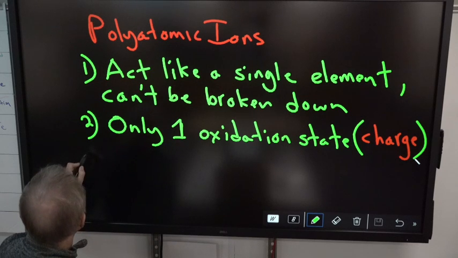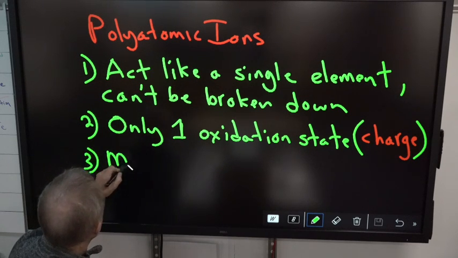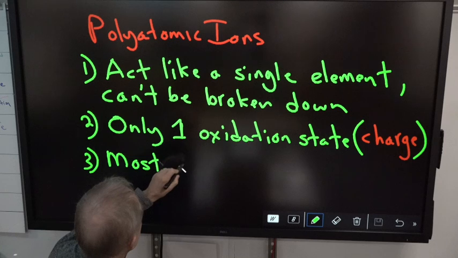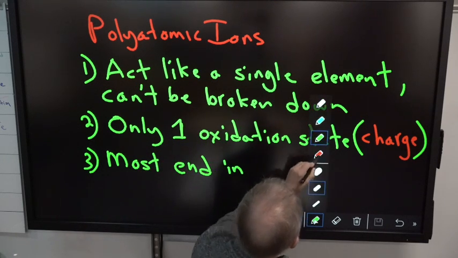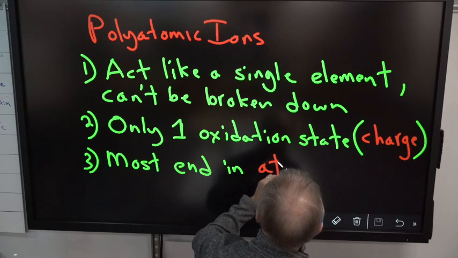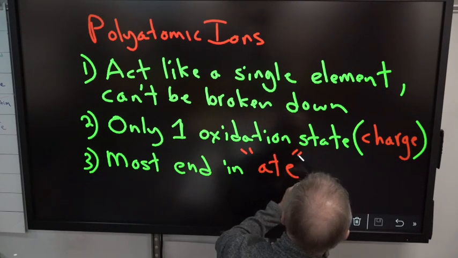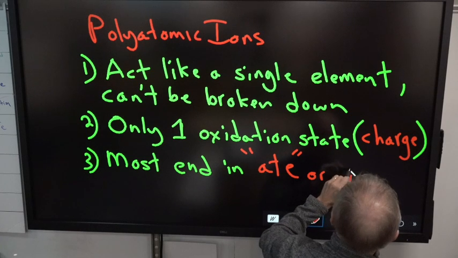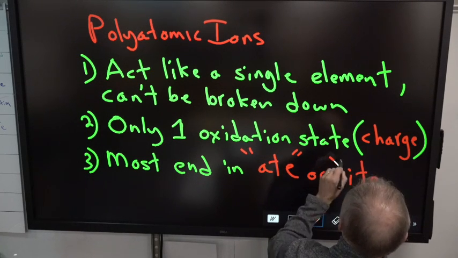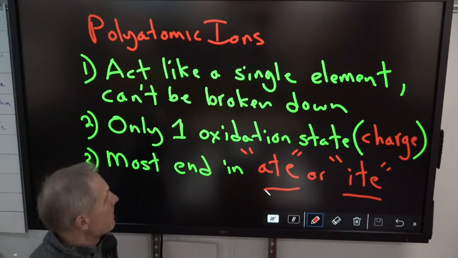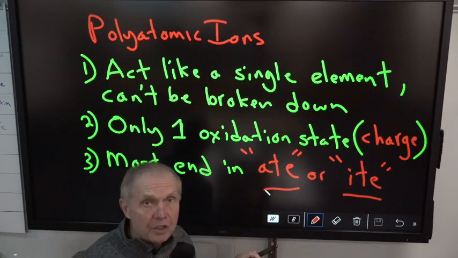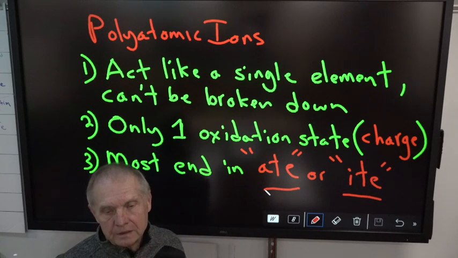Number 3. Most of the polyatomic ions end in ate or ite.